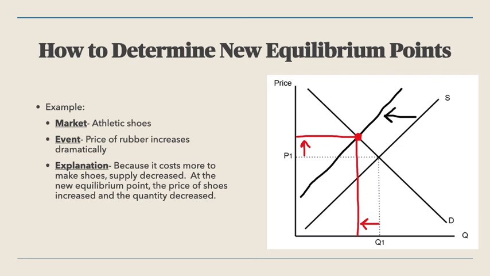So it's a little bit tricky. It can be a little bit confusing, and it may take some practice to get the hang of this, okay? So we are going to practice this some, but hopefully this at least gives you a general understanding of how things other than price can influence supply and demand and lead to a new equilibrium.